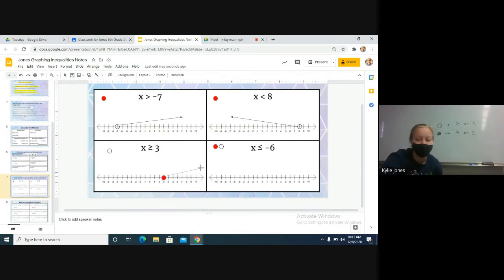So you need to point it in the direction that is greater than 3. So some solutions there could be 3.5, 4, 10, 82, anything greater than 3, or equal to. That's why the circle is colored in, because it shows you that it can be exactly 3 or anything above it.